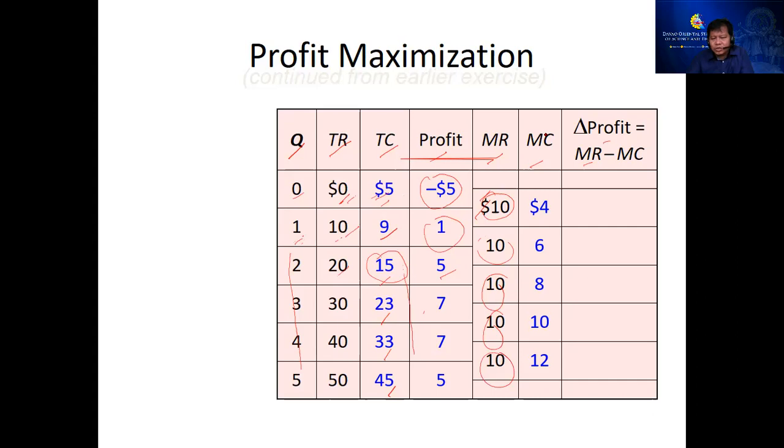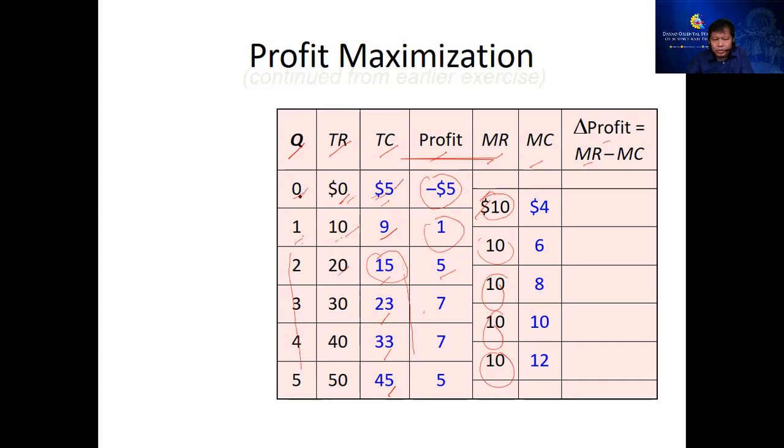So marginal cost means your additional cost for 1 additional unit of production or additional sale. For example, the cost here is 5.